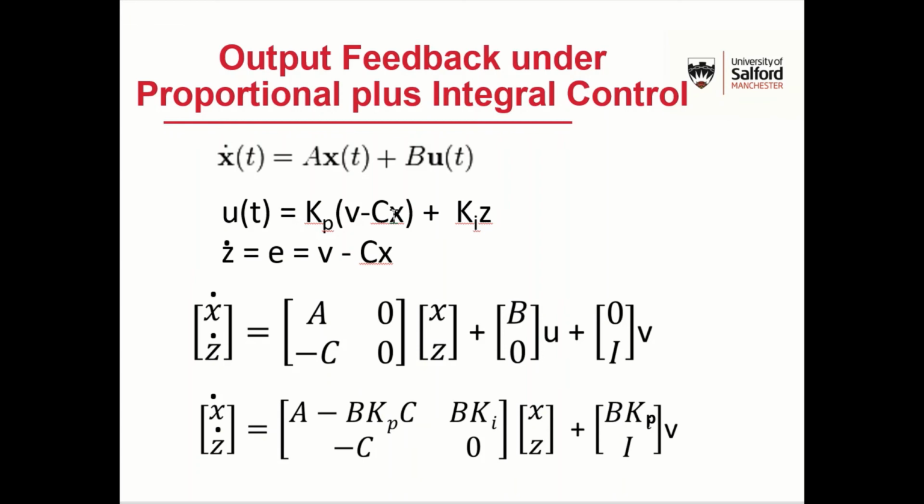Then we apply our control law here into here. So this is going to put a B Kp and a minus Cx. That's going to be B Kp C minus where the x is. It's going to put a B Ki with the z's, so those go in that way. We also get a B Kp v, and so these now form the closed loop state space equations.